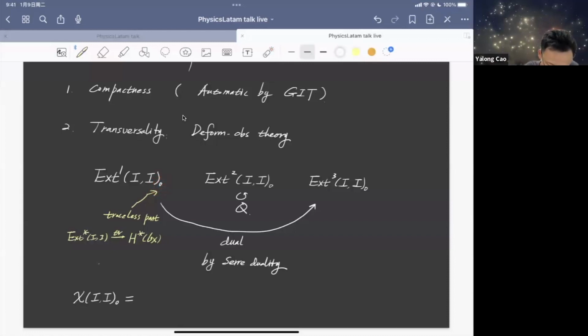Then we can consider this holomorphic Euler characteristic, which is the alternating sum of the dimensions of this Ext group.